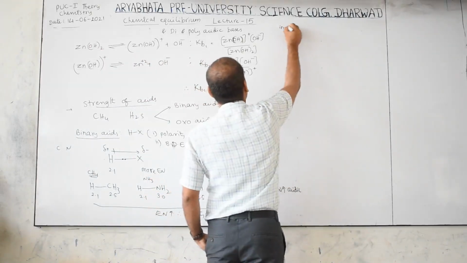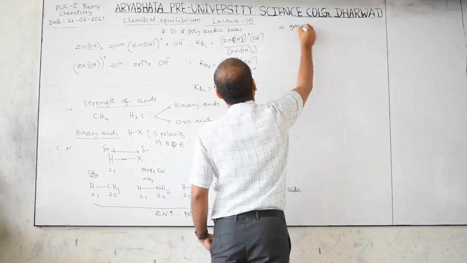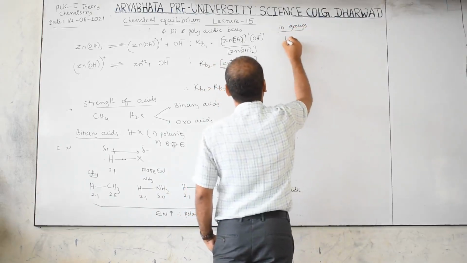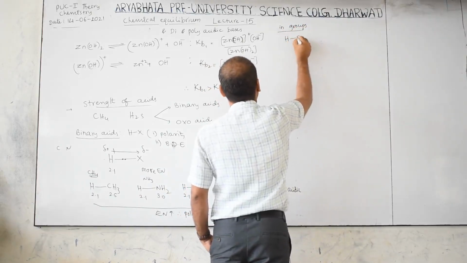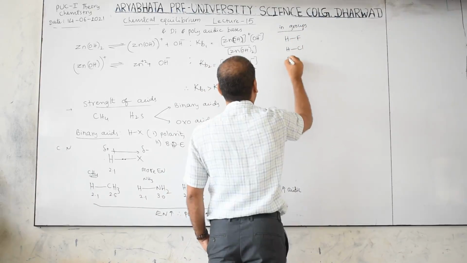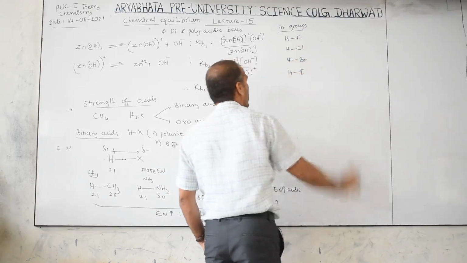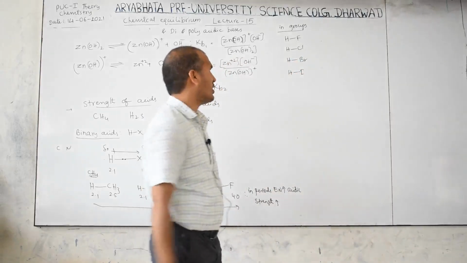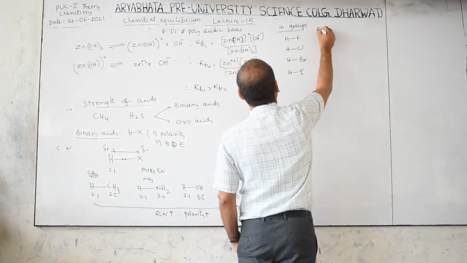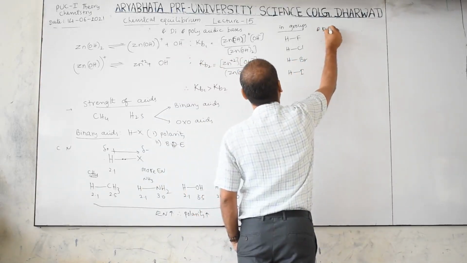Now in groups, considering a group, we have HF, HCl, HBr, HI. Then the well-known factor is bond energy, or bond dissociation energy.